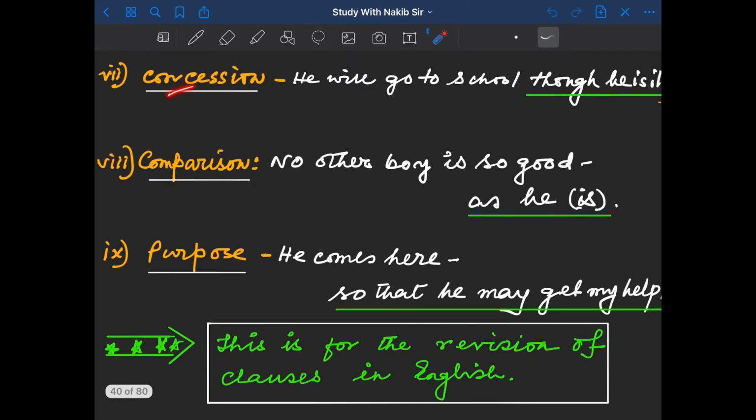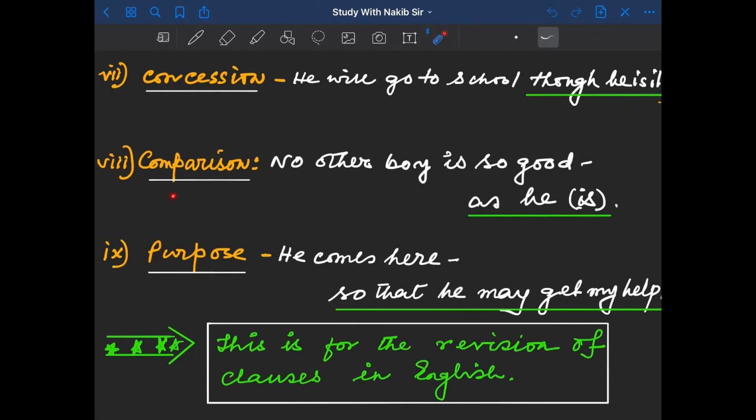This is concession. See the example: he will go to school though he is ill. Okay, though he is ill. When he is ill, it is natural that he won't go to school, but here he is ill and he will go to school. For this it is a contrast, a concession, contradictory things. For this one it is a subordinate clause expressing concession, called a subordinate adverb clause.